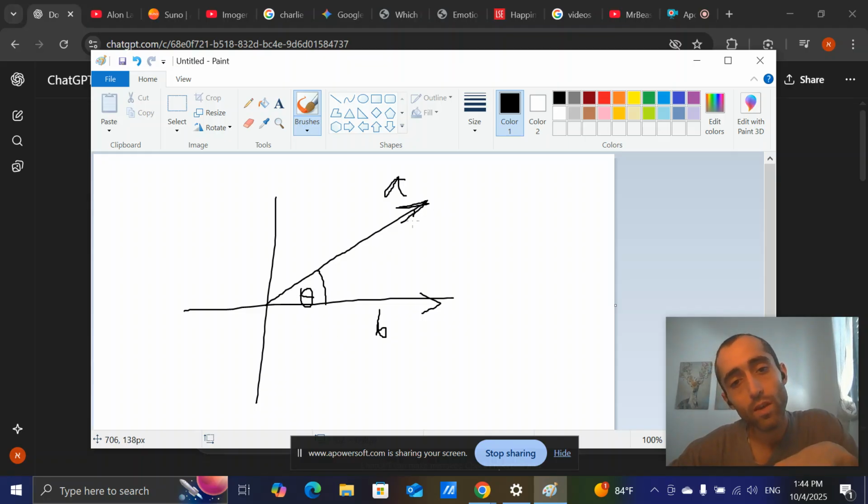And when you take the cosine of theta, what you get, if you think about it, is this. Here it is A, here it is B. So cosine theta is this. A cosine theta, let's call it like this. Okay, this is A cosine theta.